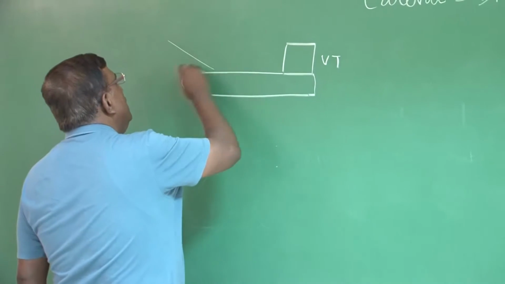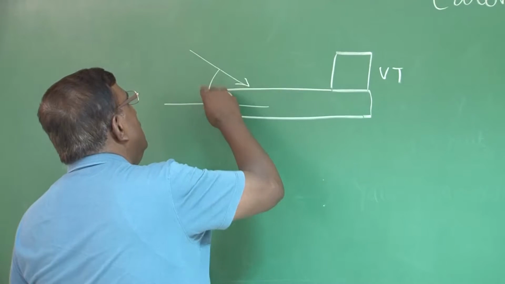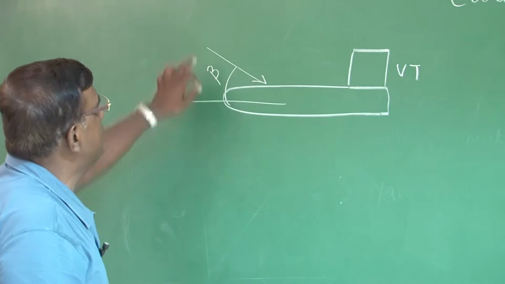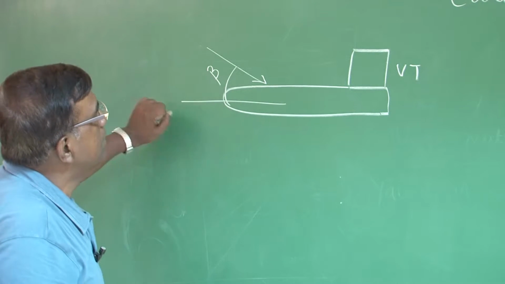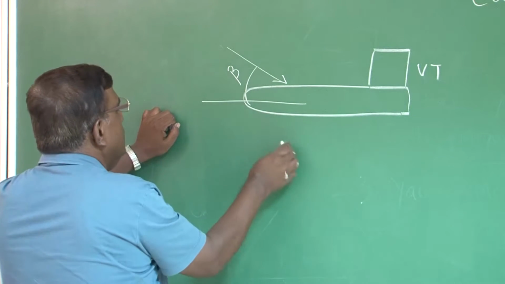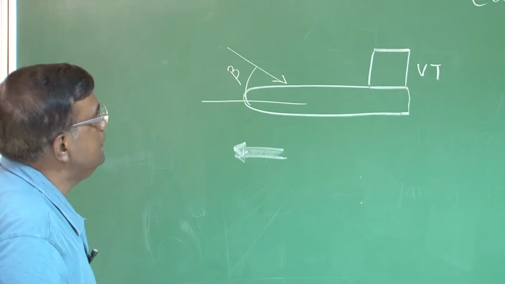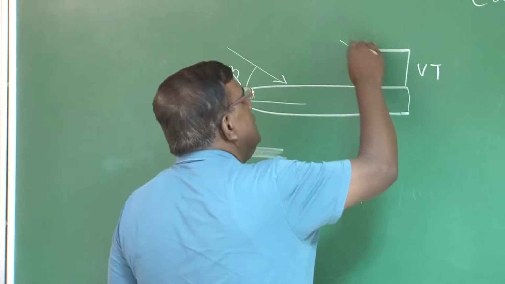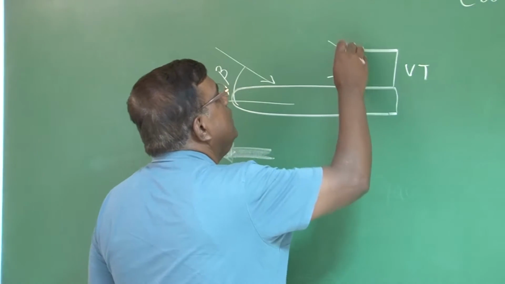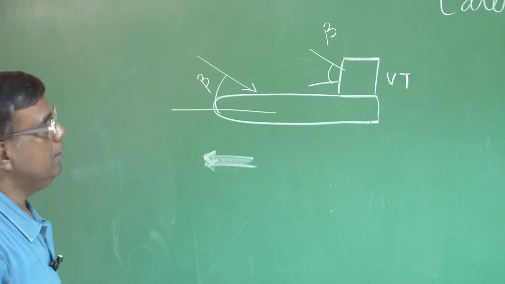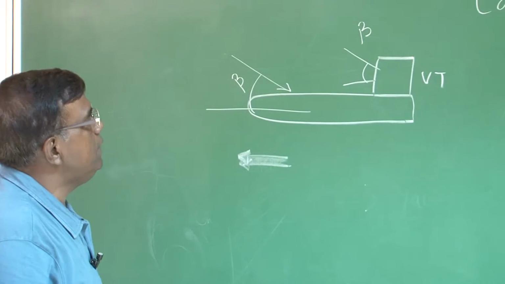If there is a beta, wind is coming from this side, relative air is coming from this side, I am moving actually towards this. Then, yes indeed, the vertical tail also will see beta angle, the beta side slip angle. Okay. You will see that soon.